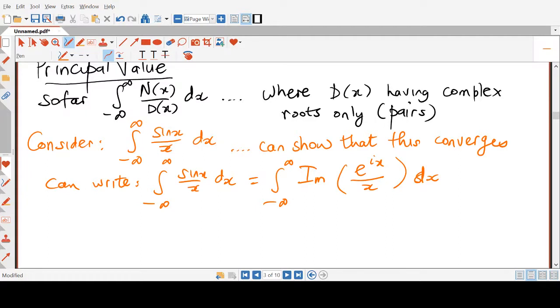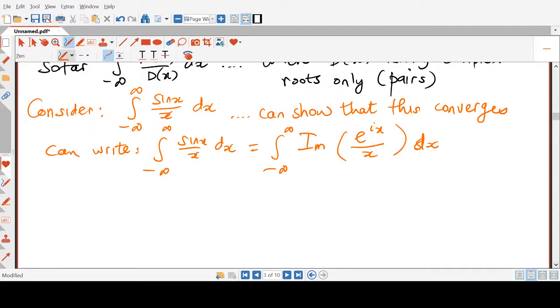Now, the question arises, can I take the imaginary part outside? Can I interchange imaginary with integral? The answer is no. So, strictly speaking, we cannot swap integral and imaginary.